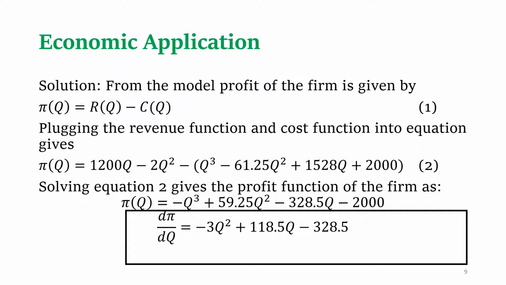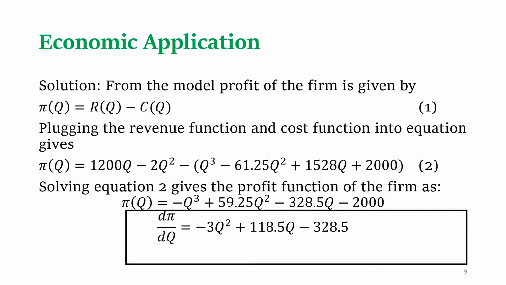We bring all the like terms together. Q squared terms are similar, right? So minus 2Q squared plus 61.25Q squared becomes plus 59.25Q squared, right?